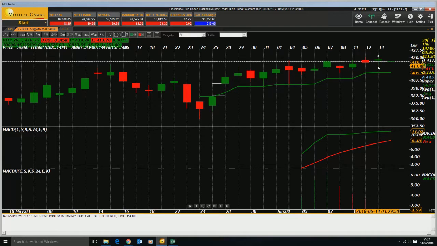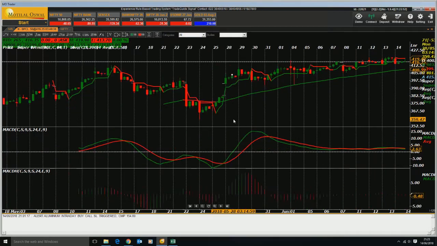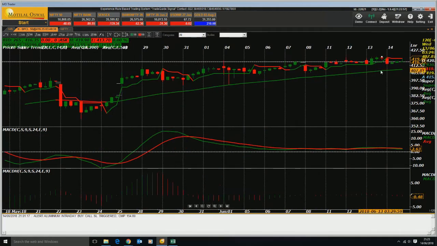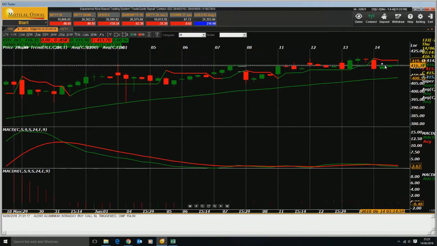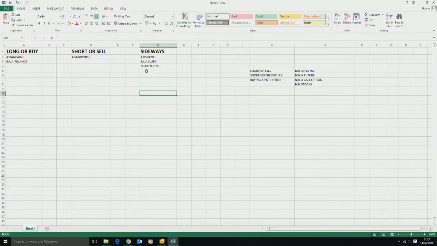So BPCL is a buy on the major time frame, and let's see on 120. In 120, it is not giving me a fresh buy entry. And if I see the 120 time period for the last approximately 2 weeks, I could also find it on a sideways trend. So I'm not very much interested either in long or short, but I could put this BPCL on sideways.